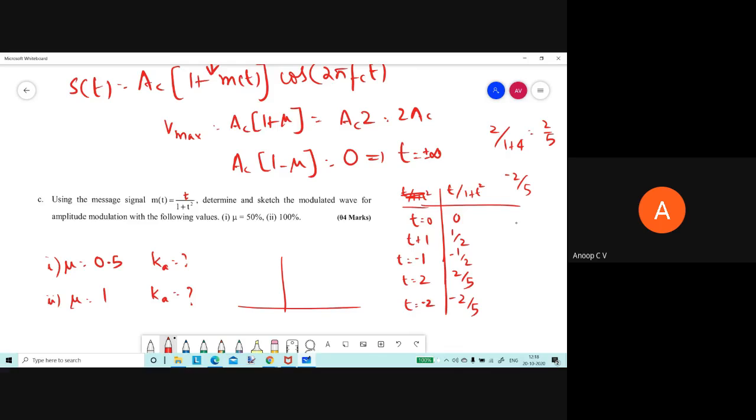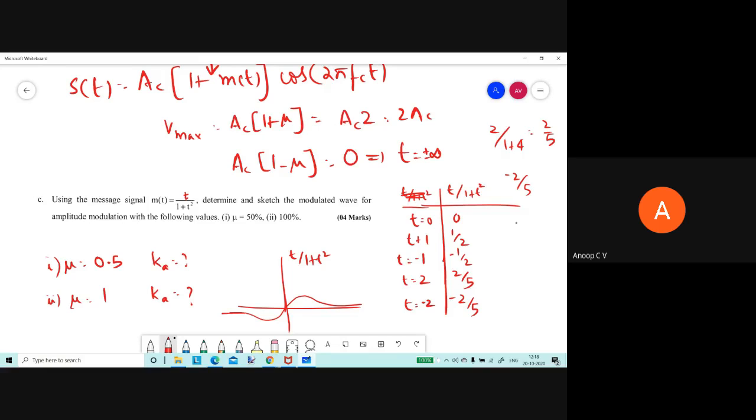For positive values all are positive, and for negative values all are negative. So this graph, if you are trying to plot, will look something like this, the graph of t by 1 plus t square.